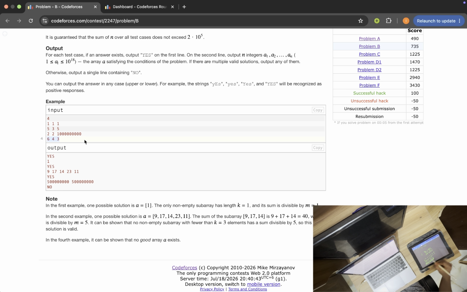Okay. Something less doesn't exist. Something mod 3 is 1 2 3. Okay, it makes sense, it doesn't exist.